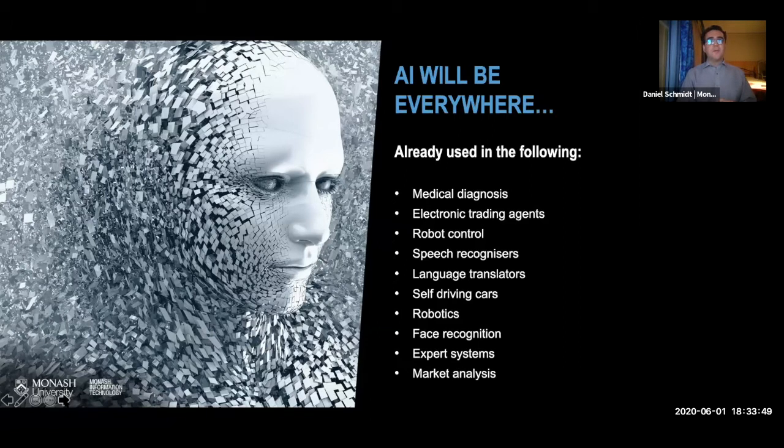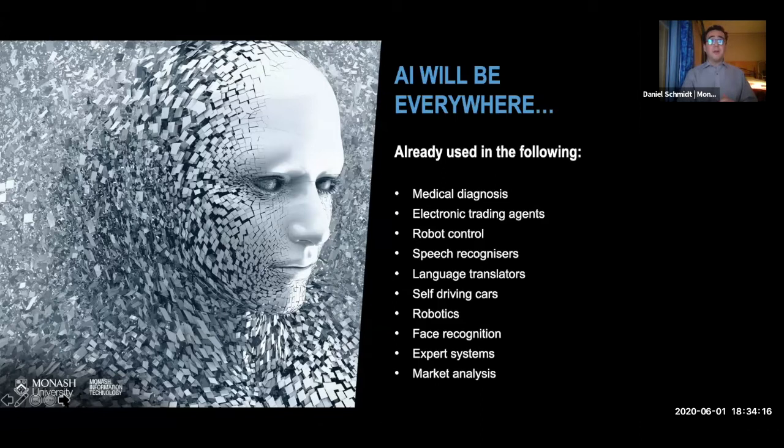And you will have already interacted with a large number of systems that build on this exciting new technology. For example, you would have dealt with speech recognizers. If you've called, say, Telstra or other large companies, they use automatic speech recognizers. You will have seen face recognition systems at airports.